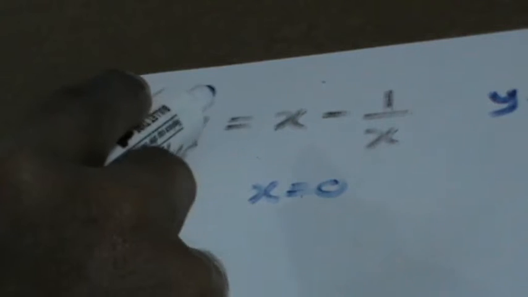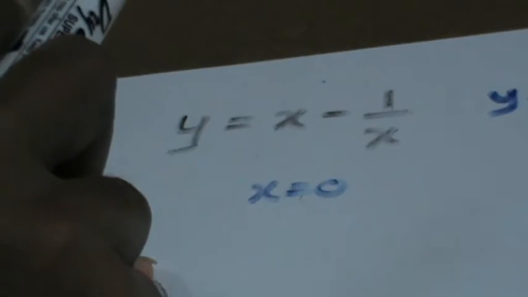When x is equal to 0, y cannot be defined, because you actually subtract infinity from 0, which is not defined. For any other value from negative infinity to positive infinity, y can be defined. So y can take negative values and positive values.